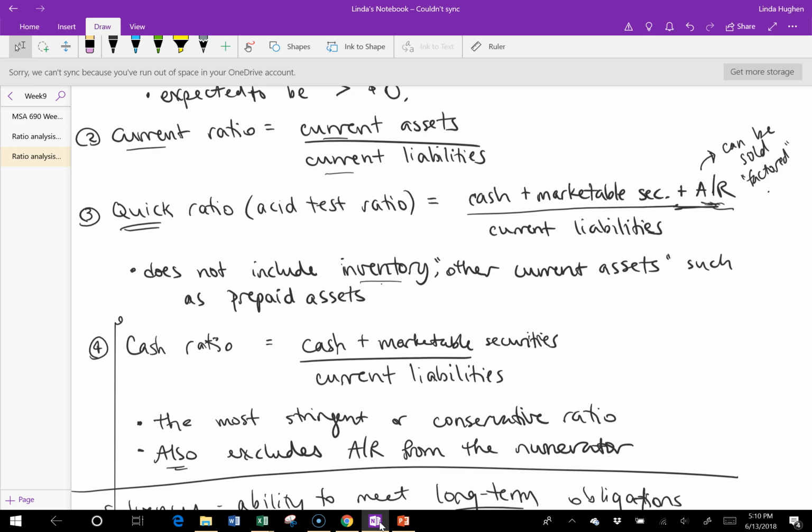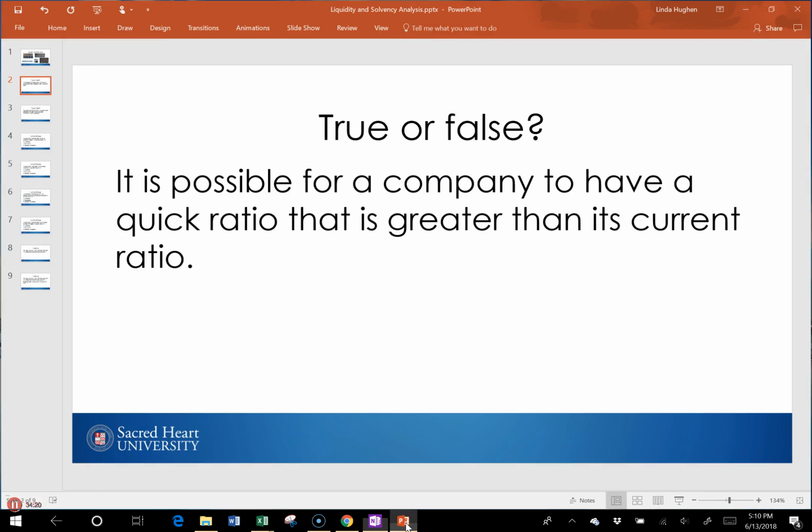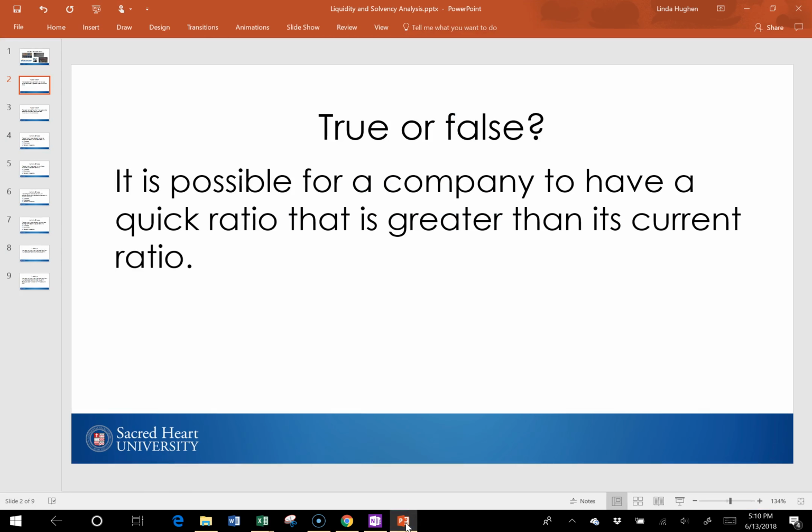Each one, the denominator stays the same, but the numerator gets smaller and smaller, or in other words, more conservative of what we have that we can use in order to cover our current liabilities. So our cash ratio must always be smaller than our quick ratio and the current ratio.